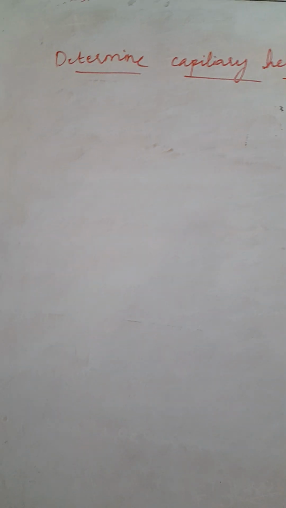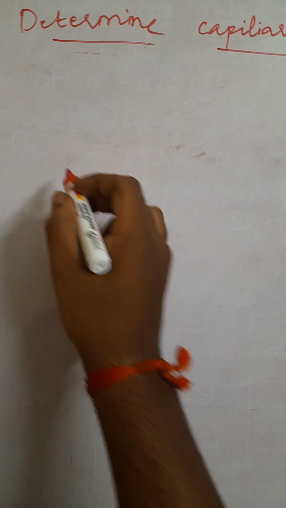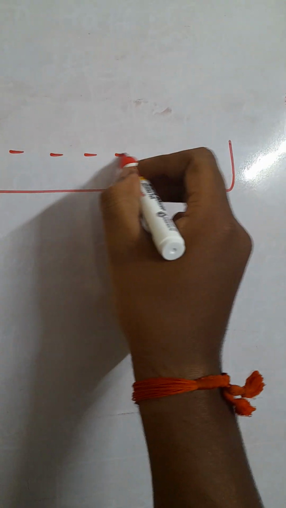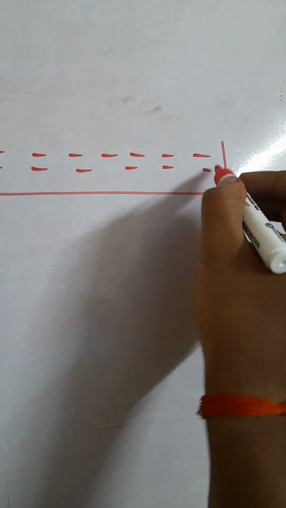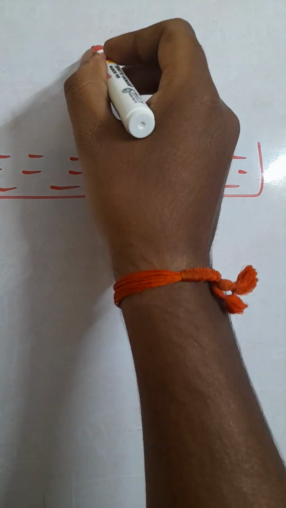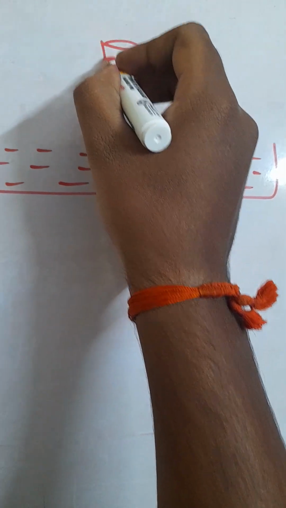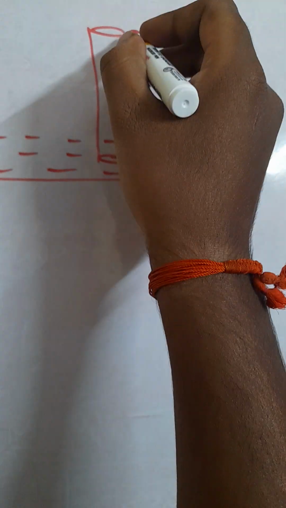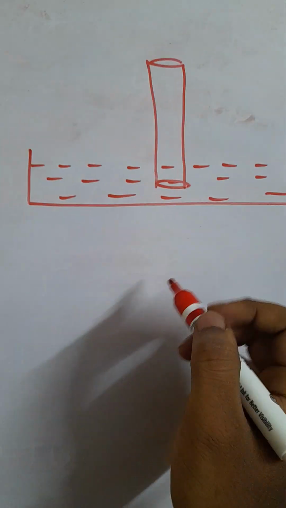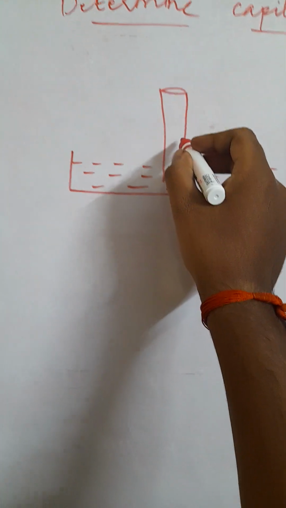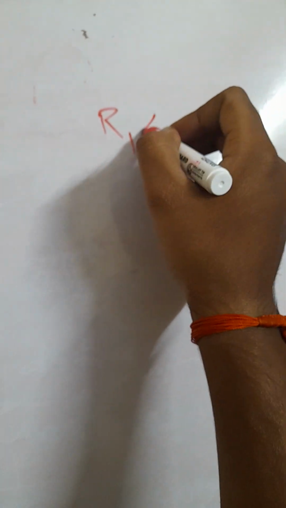Okay, so first, what is meant by capillary tube? A capillary tube looks like this. Let's consider this solution as water, and if we take a glass tube which has both ends open, it depends on the radius. Let's consider the radius in this way.